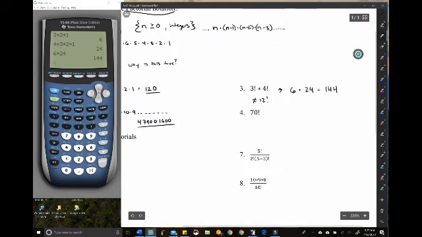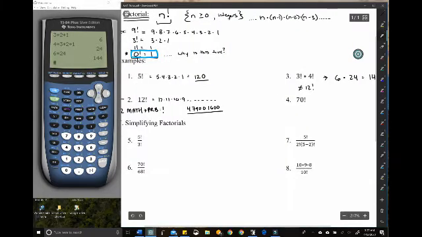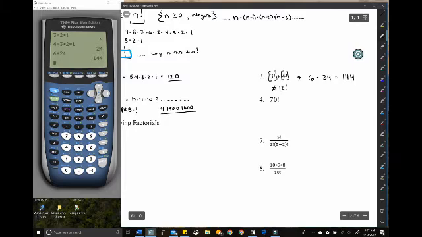But notice it's not the same as 12 factorial. You want to do the factorials first, and then multiply together.